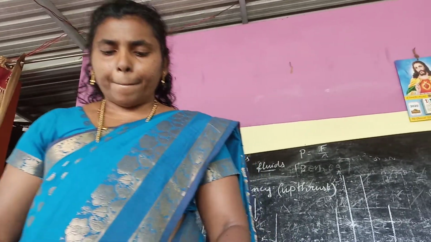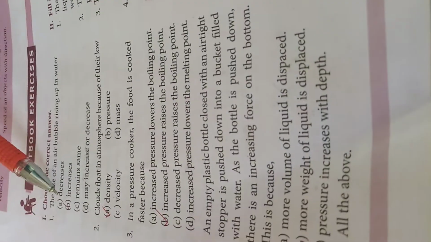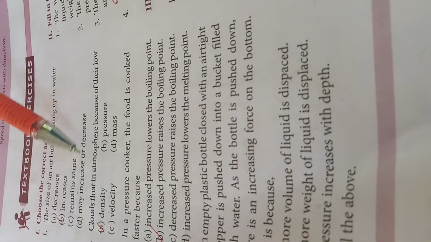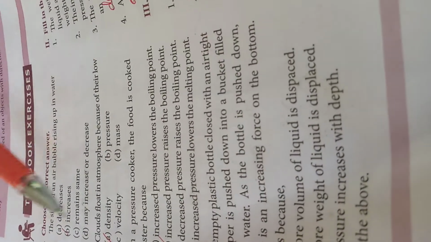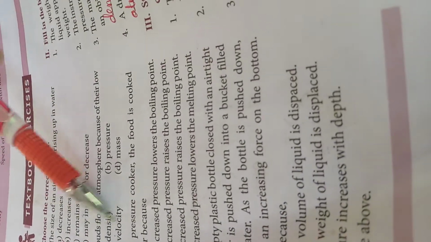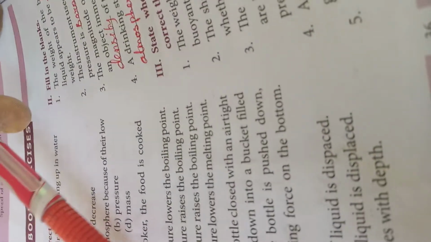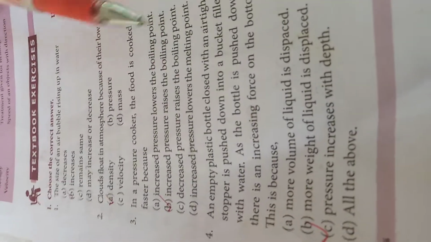First choose the correct answer. First one, the size of an air bubble rising up in water, the answer is increases. Second one, clouds float in atmosphere because of their low density. Third one, in a pressure cooker, the food is cooked faster because of option B, increased pressure raises the boiling point.